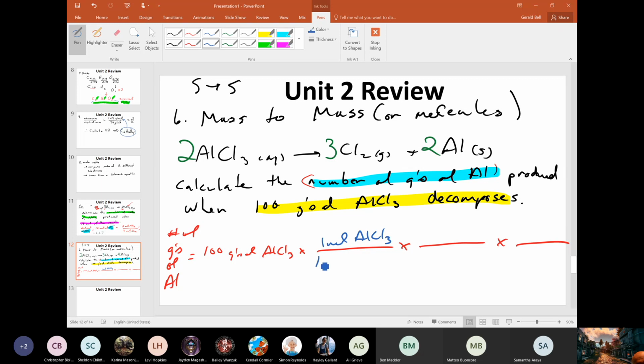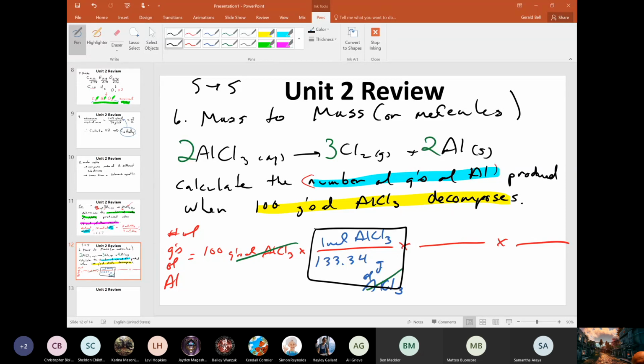I'll let you guys do that on your own. And we can cancel the grams with the grams. So again, to remind you that this came from the boxed expression, moles and grams. If I stop right now, our answer would be in terms of moles of AlCl3.